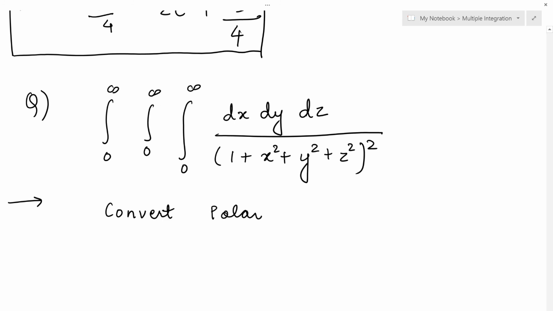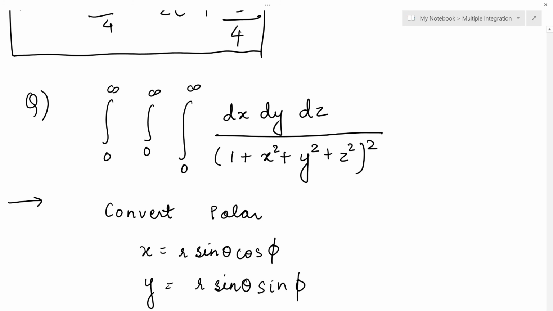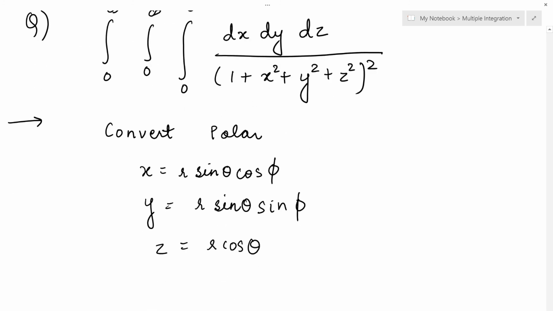So spherical polar coordinates, you know what they are. x is equal to r sine theta cos phi, y is equal to r sine theta sine phi, and z is equal to r cos theta. These are my spherical polar coordinates.